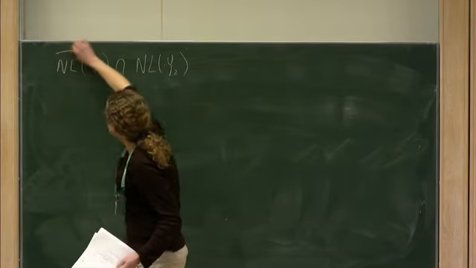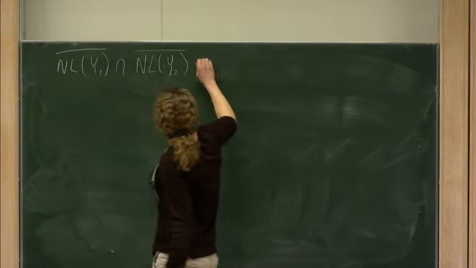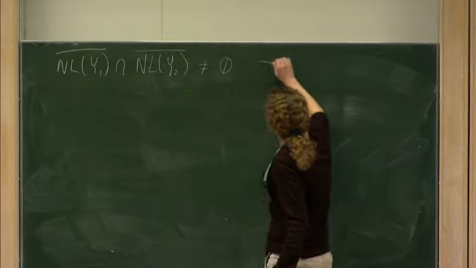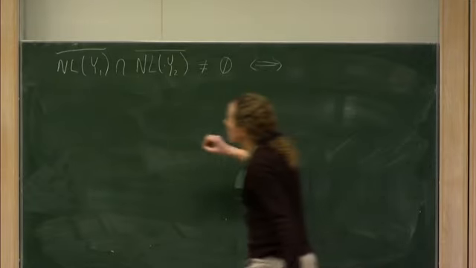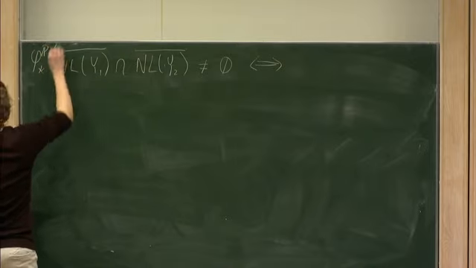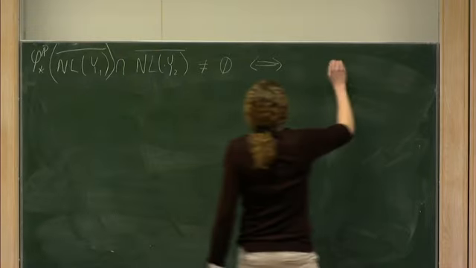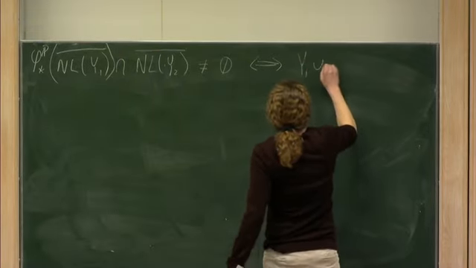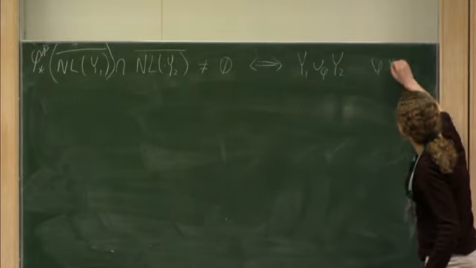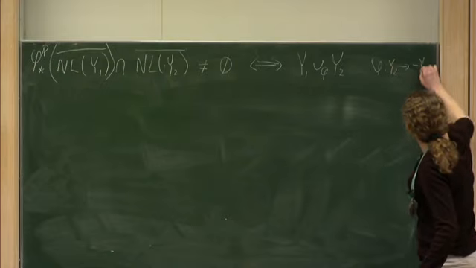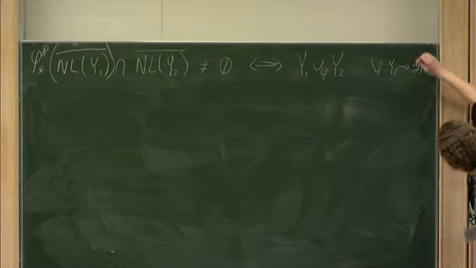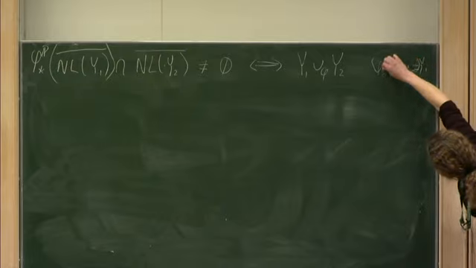So if the closure of this is non-empty, then, and here I should say, where I've got a gluing map on the boundaries.